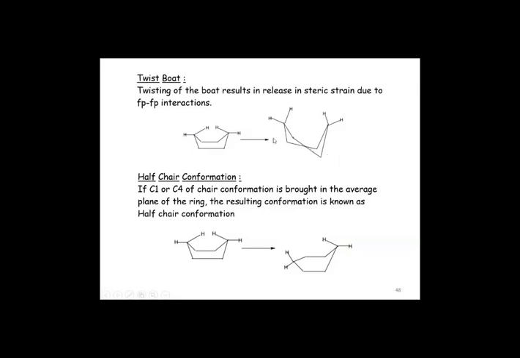In the boat conformation, the flagpole interaction was high because these two hydrogens are quite close to each other. Now, in this twist boat conformation, these hydrogen atoms move away. As a result, the flagpole interaction is reduced. Twisting of the boat results in the release of steric strain due to flagpole interaction.